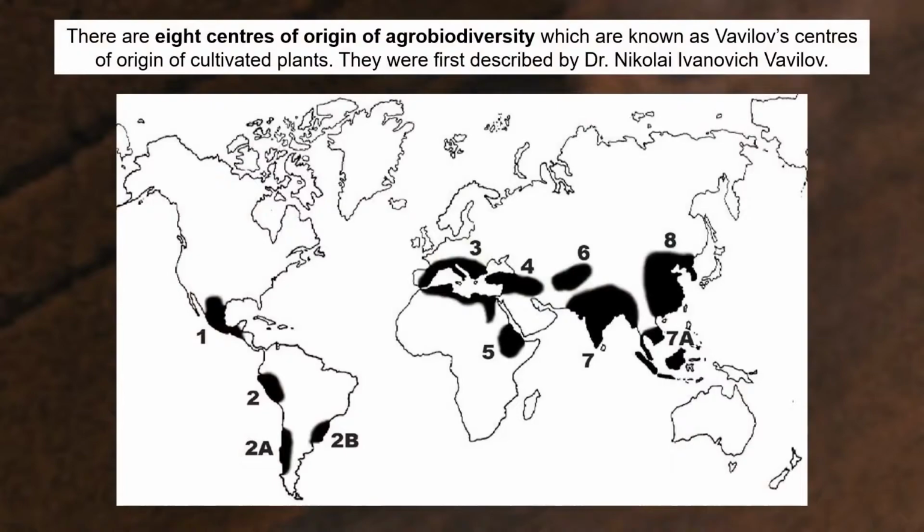In fact, they were very first described by Dr. Nikolai Ivanovich Vavilov. So all the crop varieties used at present originated from one of these centers of origin. So these areas still continue to be home to the largest pool of agricultural biodiversity.